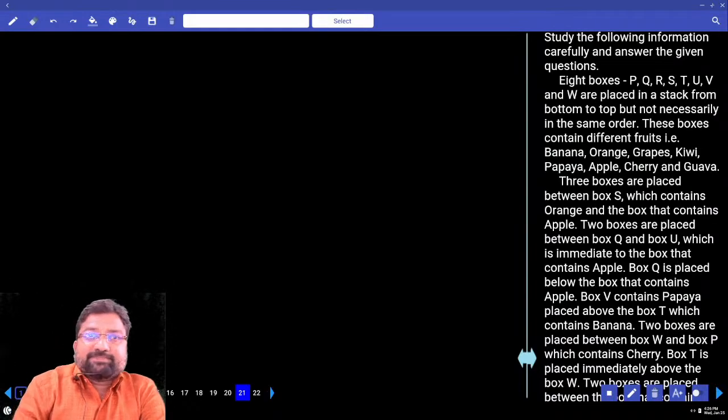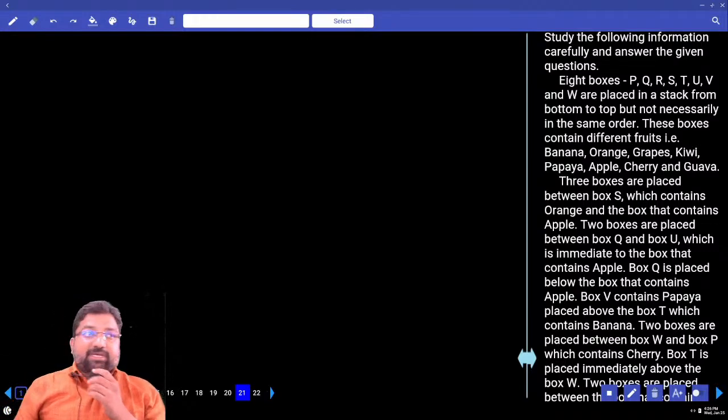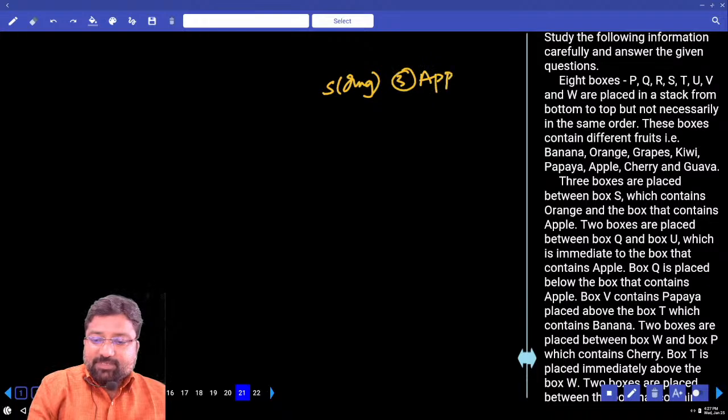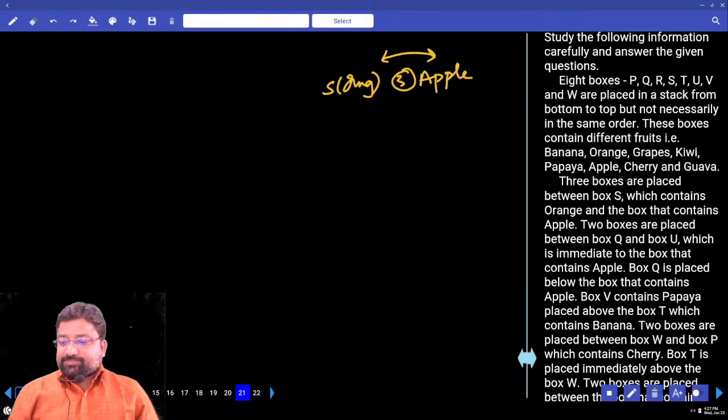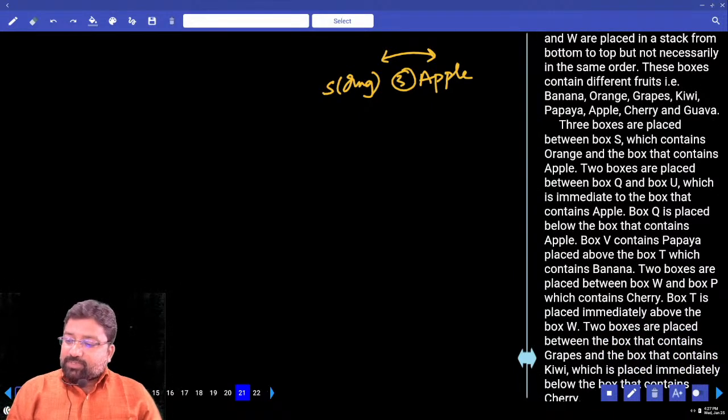First, 3 boxes are placed between S which contains orange and the one that contains apples. What does S contain? Orange. And next is what? Apples. How many? 3. 2 boxes are placed between Q and U, U which is immediate to the one that contains apples.